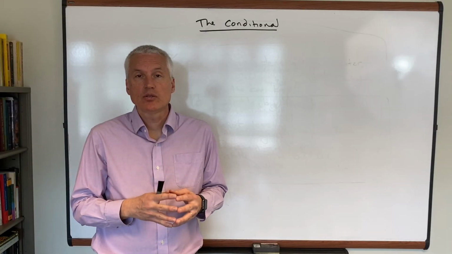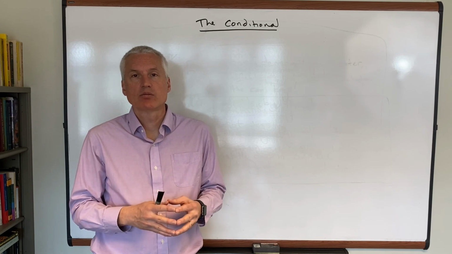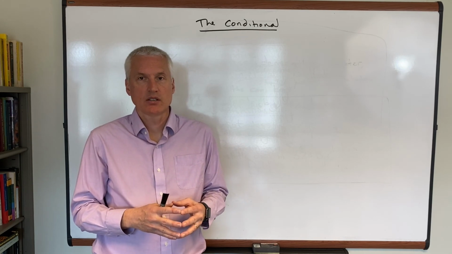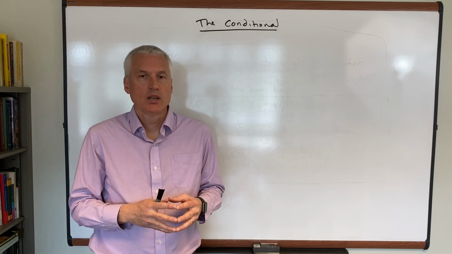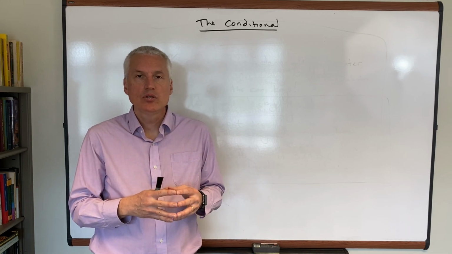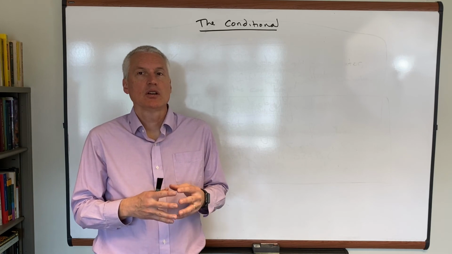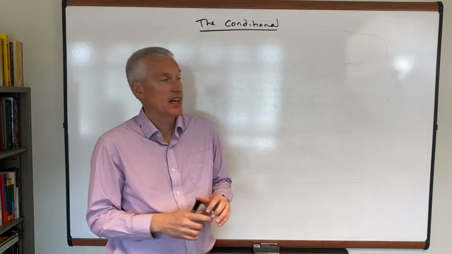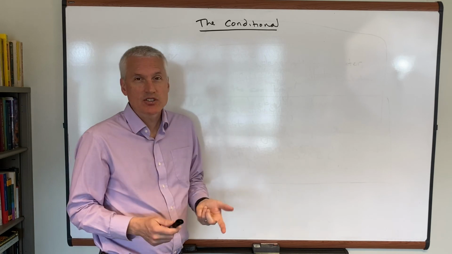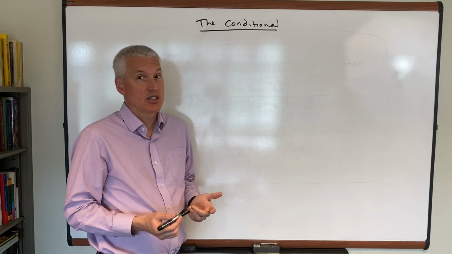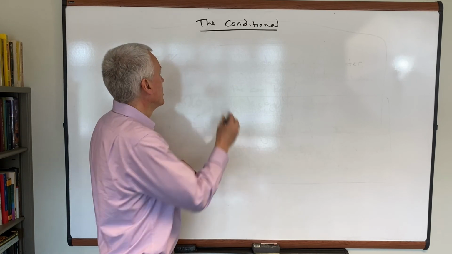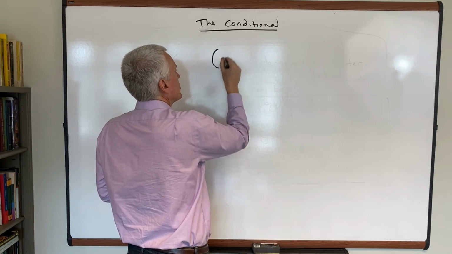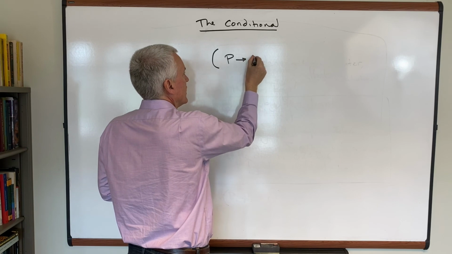So we've started doing something new. We want to explore how we could represent in our propositional logic more complex sentences. And to do that, we introduced a symbol for if-then. Now, it's traditional in logic to call an if-then sentence a conditional. That's a nice phrase, hopefully not too complex, but it's really just another word for these if-then sentences.